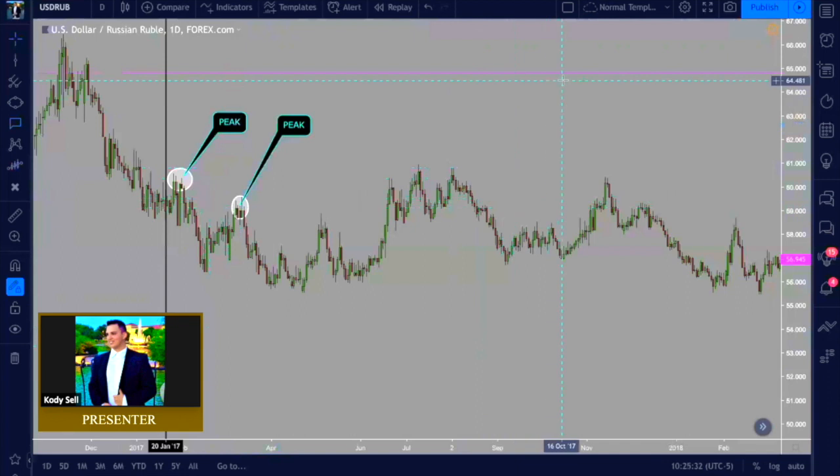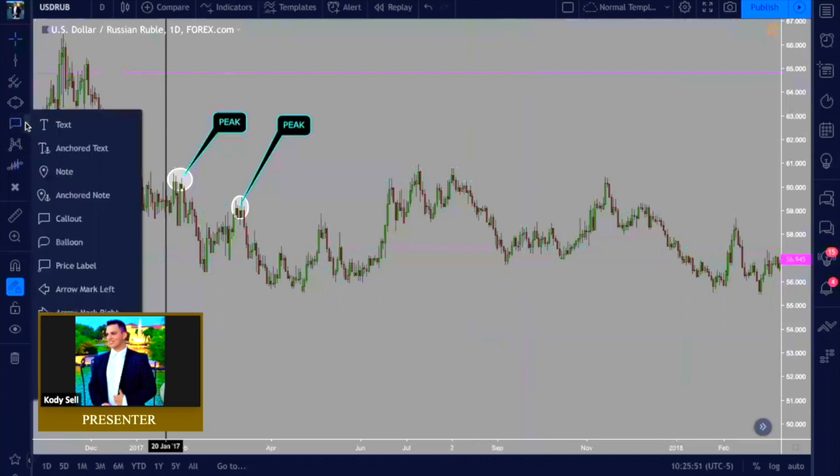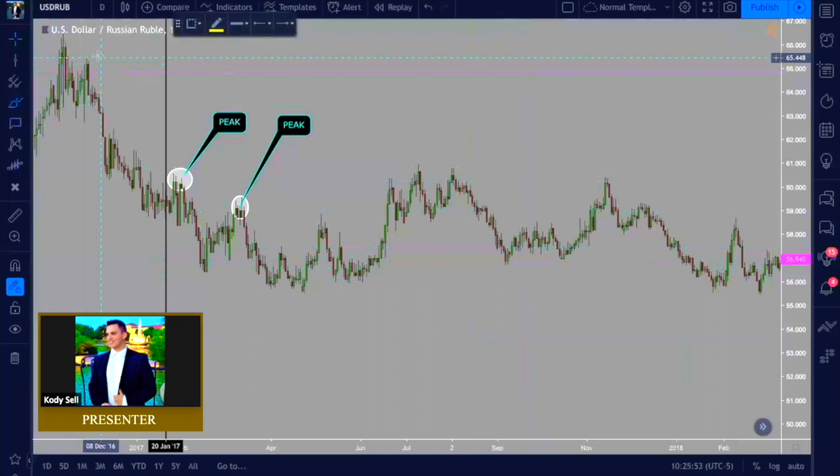And similar to support and resistance, how you need at least two identifiers to actually mark your horizontal level, when it comes to trend lines, you also need at least two identifiers to mark your trend line. So if you notice over here, we are in a bearish market. How do you know we're in a bearish market? Well, real simple. If you look on the left, we start up here.